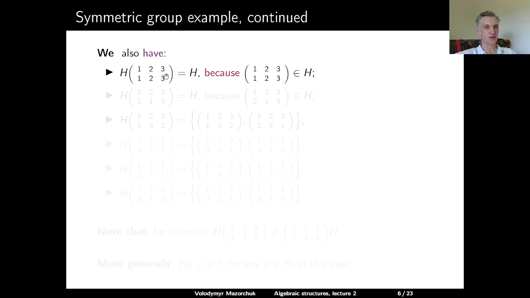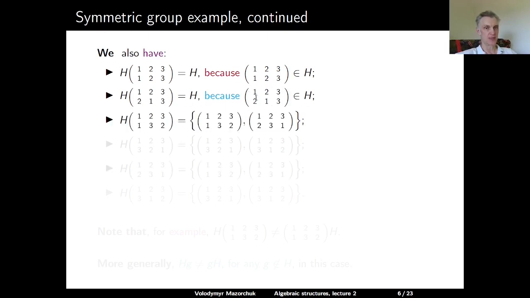And we also have the corresponding right cosets. Again, the right coset for the identity is H itself, because H contains the identity, and the right coset for the transposition 1, 2 is H itself, because H contains this transposition. The right coset for the transposition of 3 and 2 contains this transposition and the cyclic permutation 2, 3, 1.